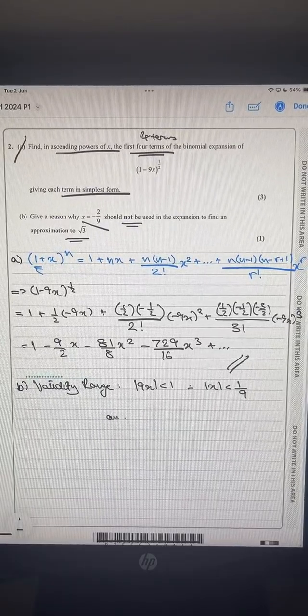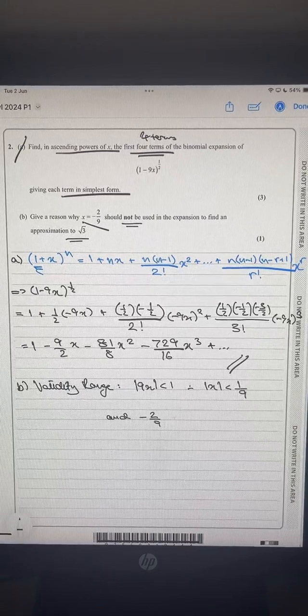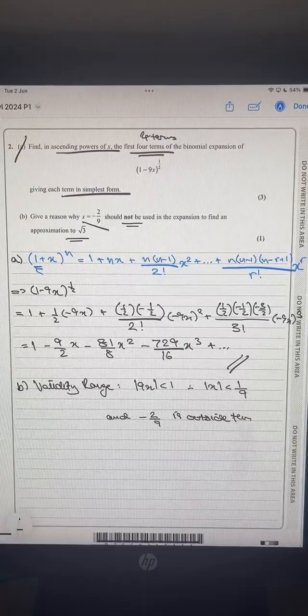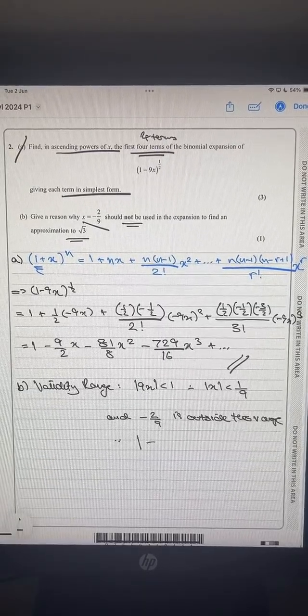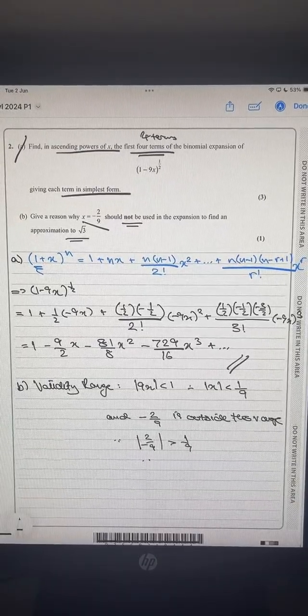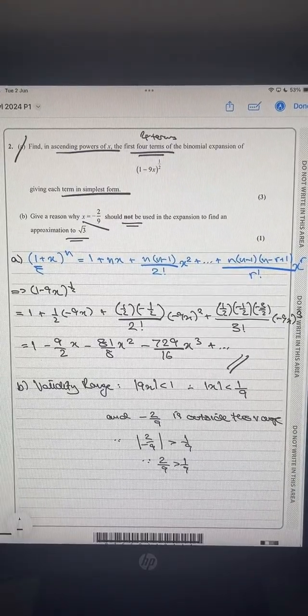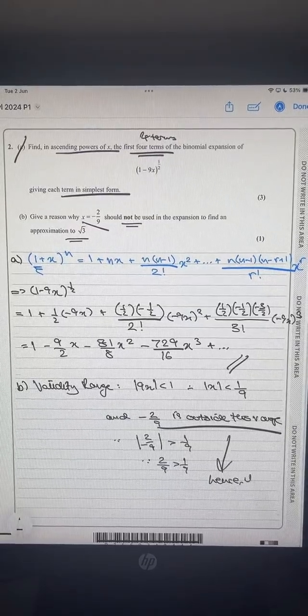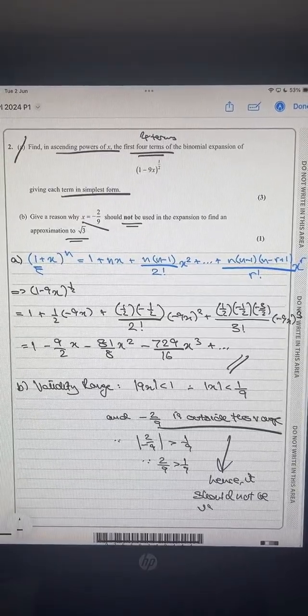We can see that negative 2/9 is outside this range, because the modulus of negative 2/9 is greater than 1/9. Hence, it should not be used.